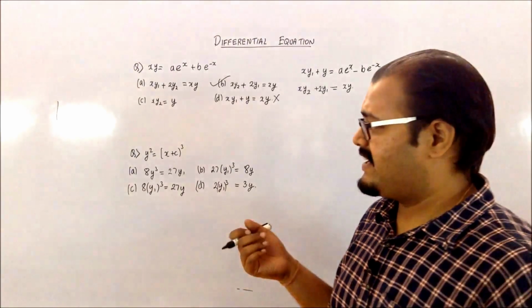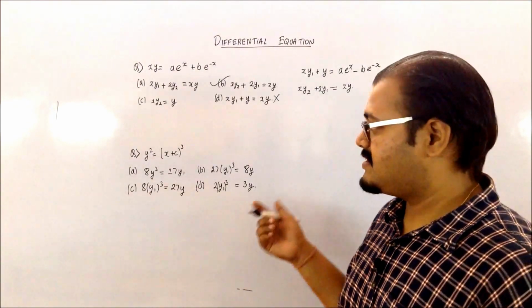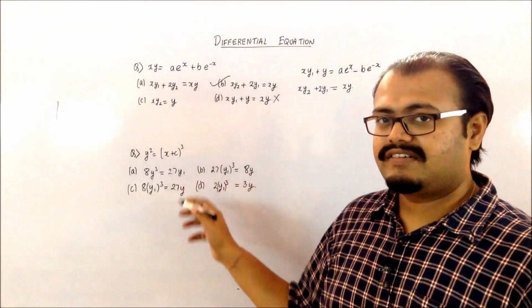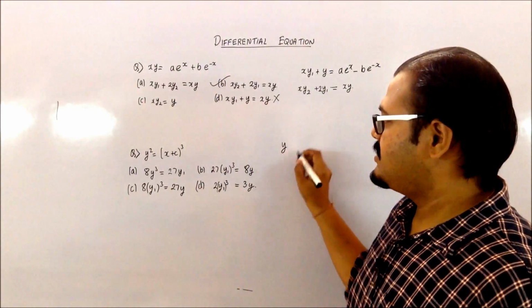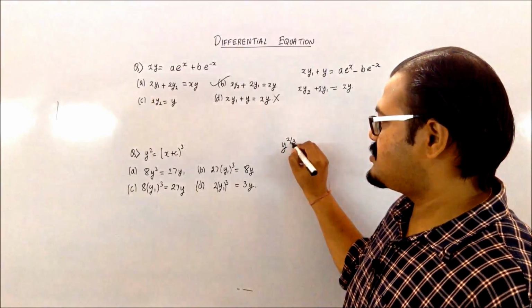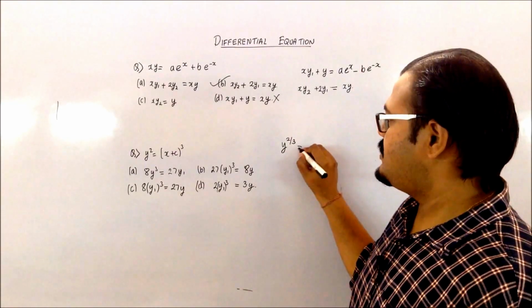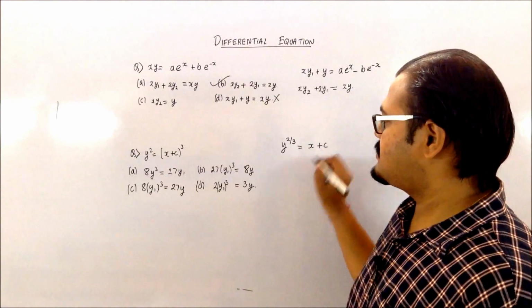Instead of that, we can apply a simple trick over here. What we can do is take the cube root on both sides. So you will have y raised to 2 by 3 equal to x plus c.